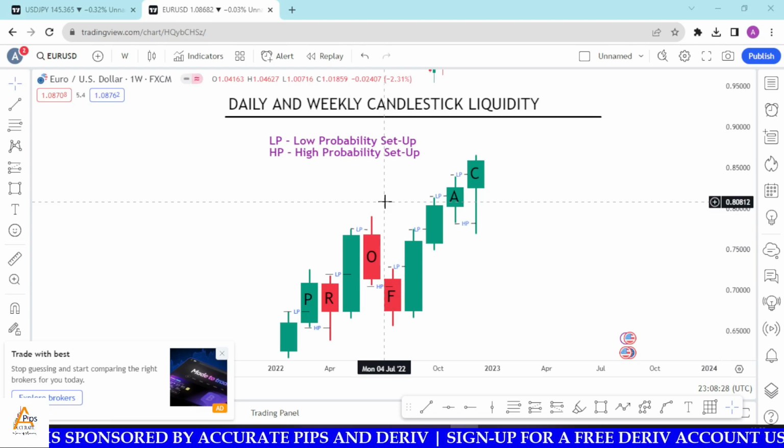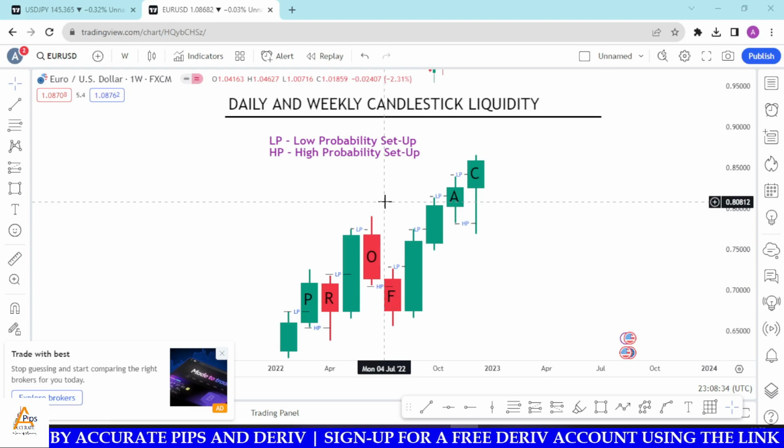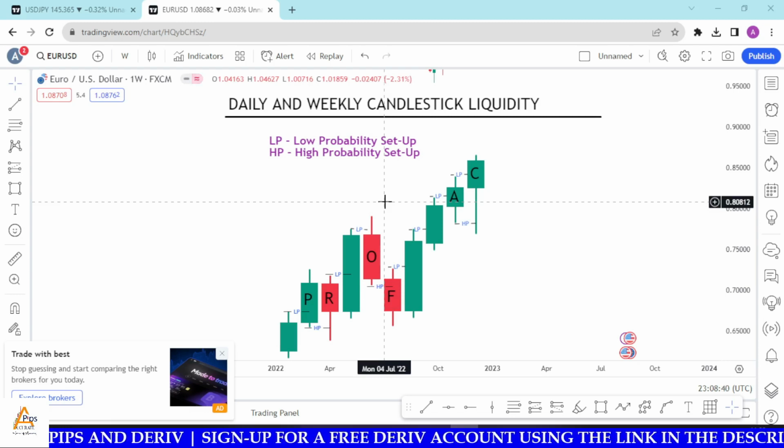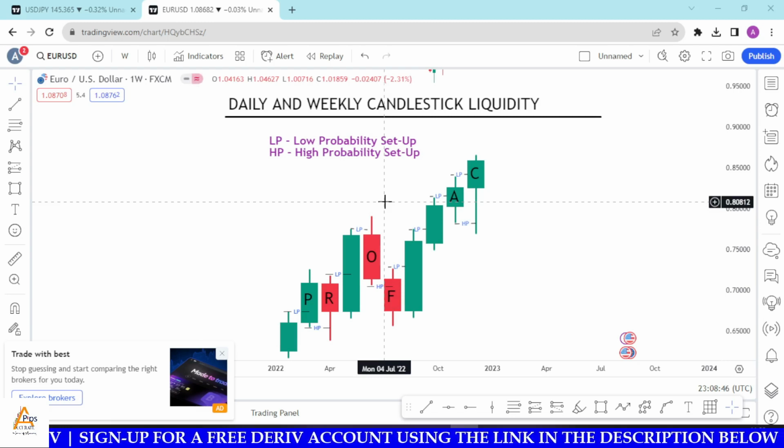Whatsoever I'm explaining for the daily is the same thing that we are going to be applying on the weekly, so it's not any different. I don't want to make the whole thing complex. Whatsoever I'm mentioning on the daily candlesticks, just transfer the same thing to the weekly candlesticks. All you need to do is to switch your time frame to weekly time frame.